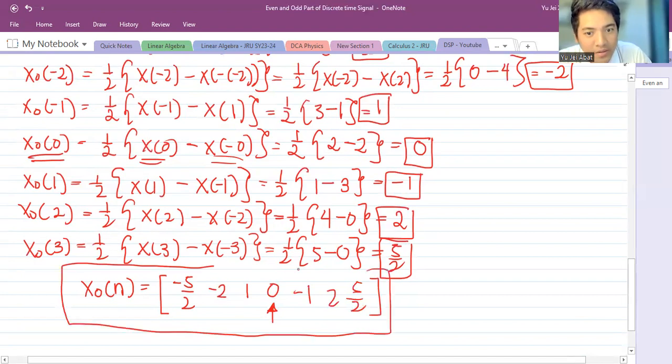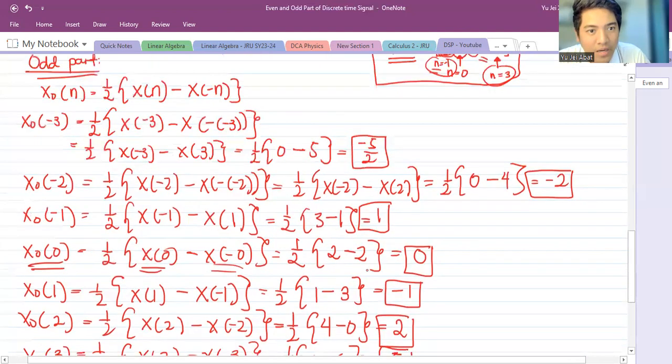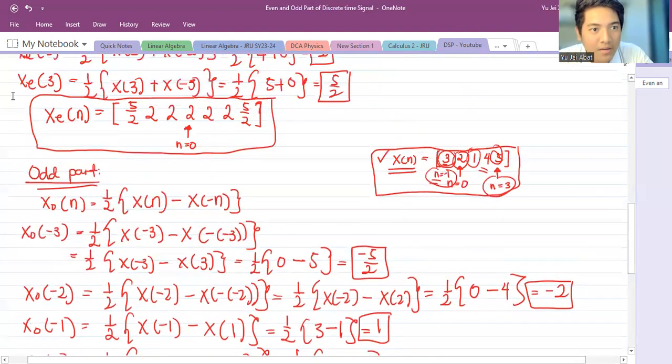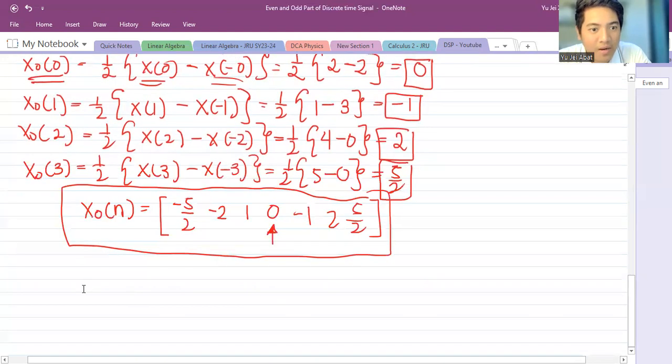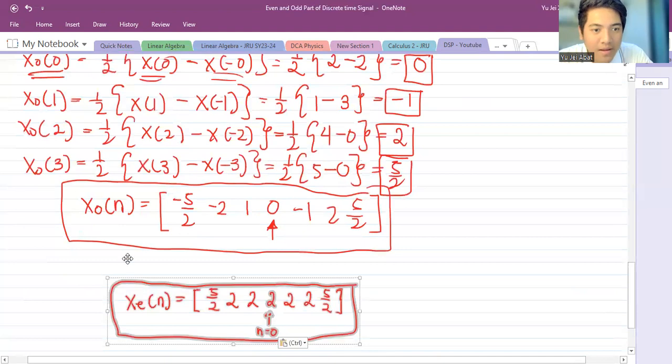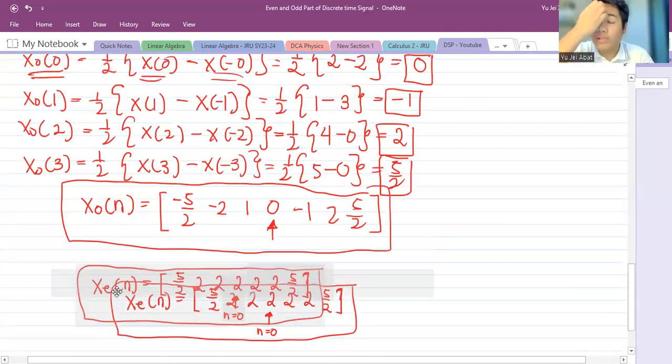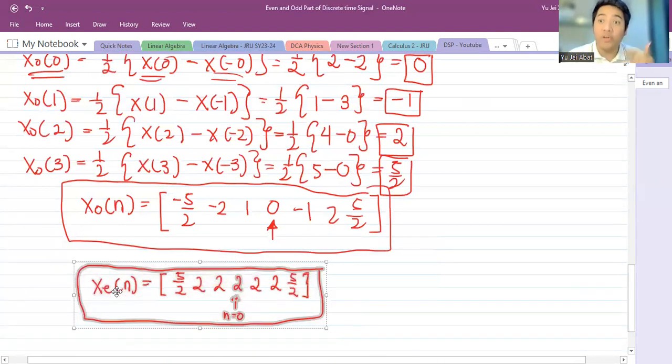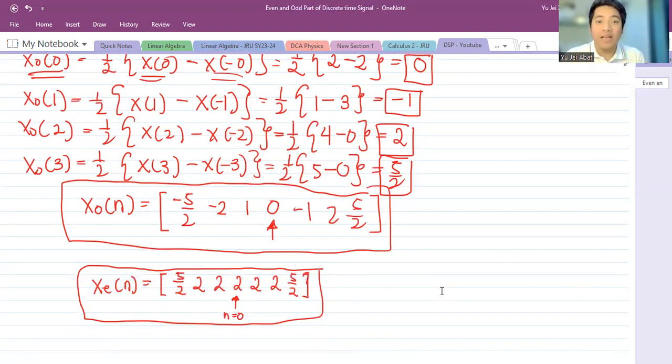So that's the even and odd part of the signal. We said a while ago that the odd part and even part are just the decomposition of the original signal, so that if we add these two functions, we will be going back to the original signal.